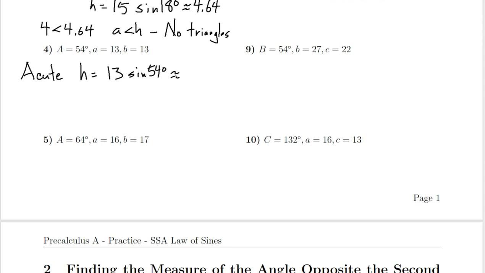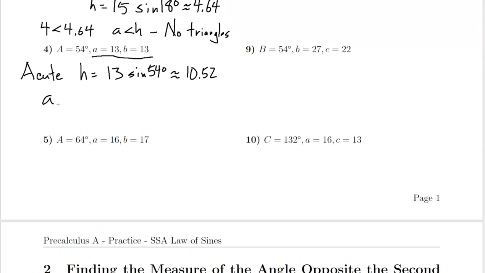And that's going to be approximately 10.52. Now, some of you may have realized, might not have done the H calculation, which would be fine in this case, because the situation that we're having is that we have that one acute triangle situation that does not involve the height of the triangle.